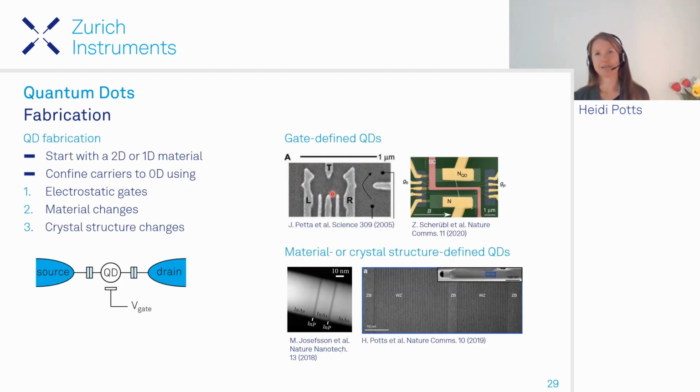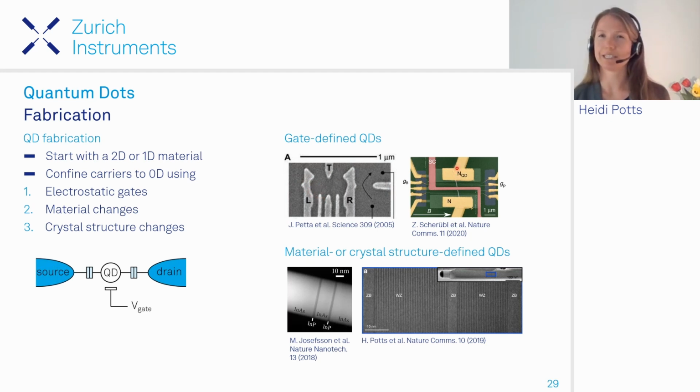To make such a quantum dot device, you typically start with an already low-dimensional material, such as a two-dimensional electron gas or a one-dimensional nanowire. And then you additionally confine the charge carriers into 0 dimensions using additional potential barriers. So here are a few examples. In this example here, two quantum dots were defined using electrostatic gates that you can see here on a two-dimensional electron gas.